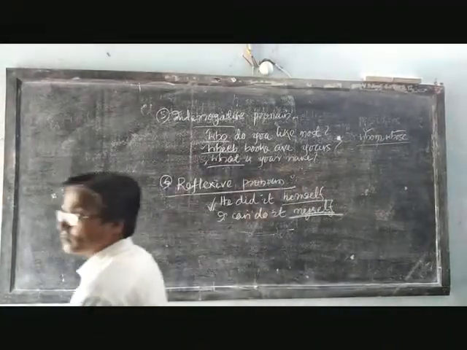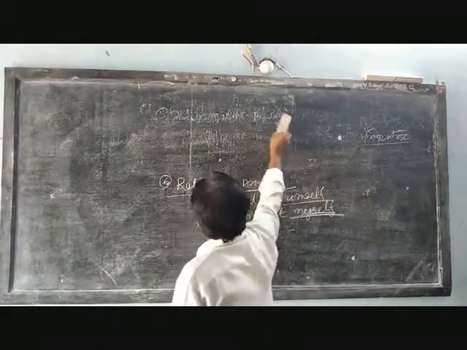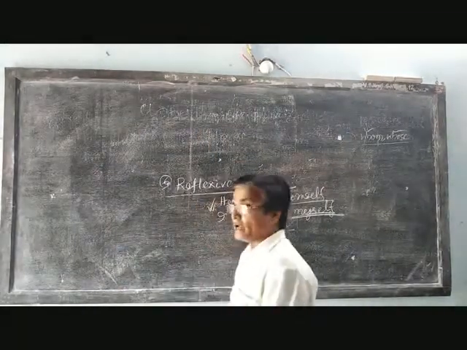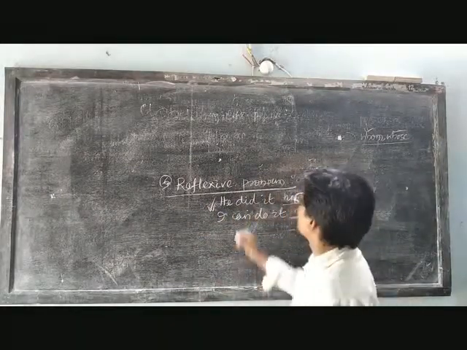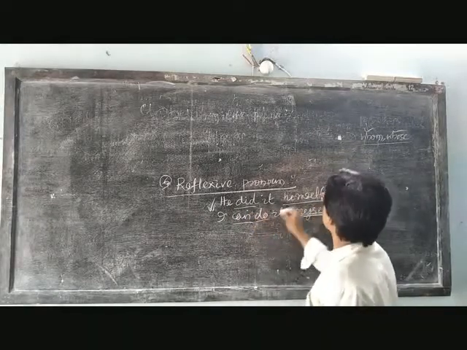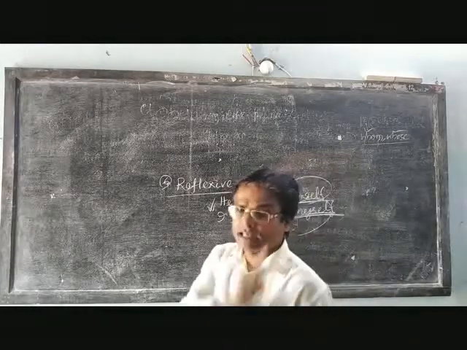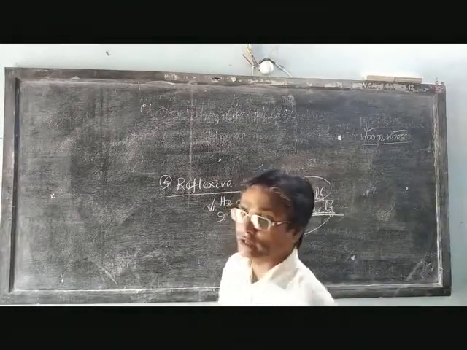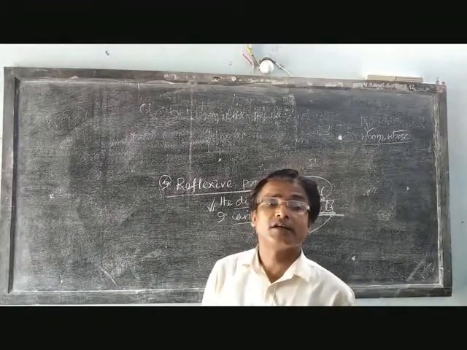Then emphatic pronoun. Again remember, the reflexive pronoun always comes after the verb. But in the case of the emphatic pronoun, it always comes after the subject, and it emphasizes the subject.